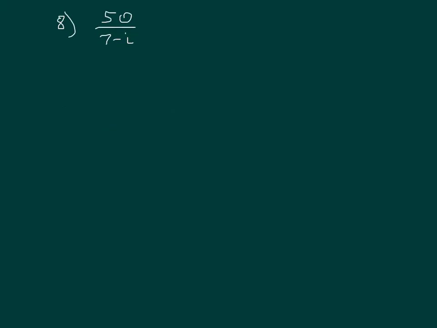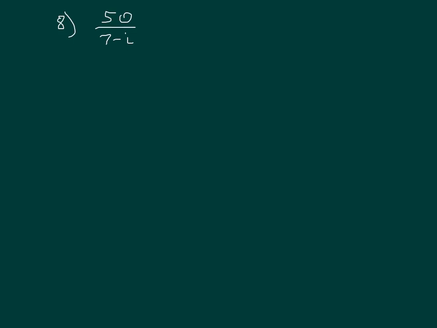In this problem, we don't want to have an i in the denominator because it isn't simplified. We have another situation, in this case a minus b, so it turns out if we multiply 7 minus i times its conjugate 7 plus i, we will get 7 squared minus i squared, and the i squared is negative 1, so the i goes away.